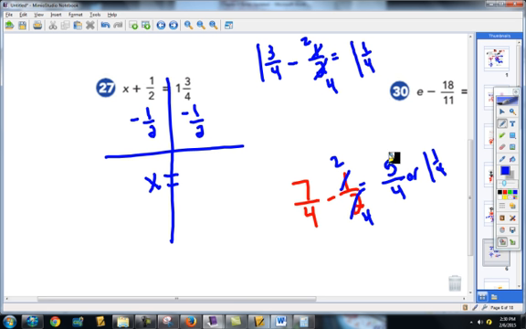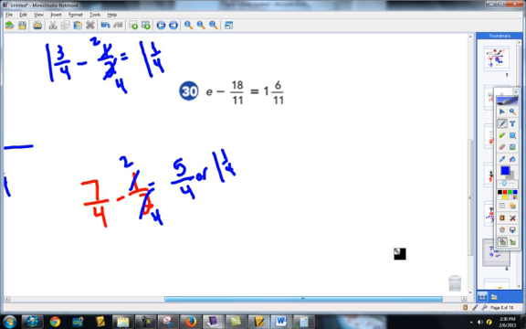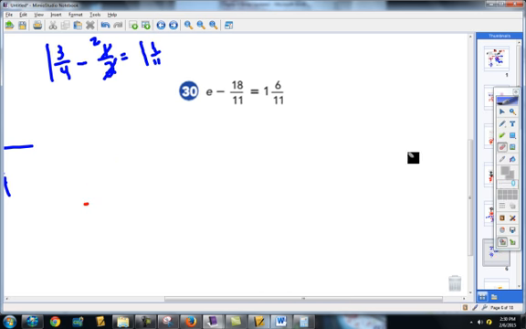So what I really want you guys to see is it's just the same process over and over again. It just gets a little bit more challenging when the fractions get involved. This last one here, what is happening to E? Well, 18/11 is being taken from it, so we're going to add 18/11 to both sides.